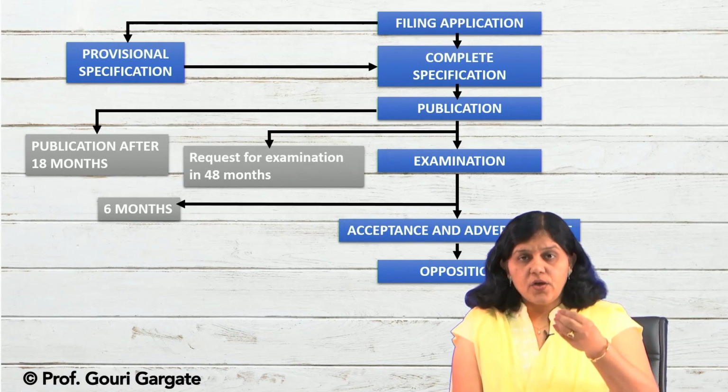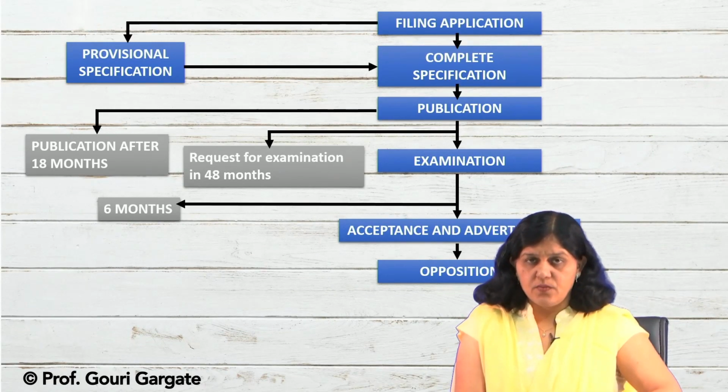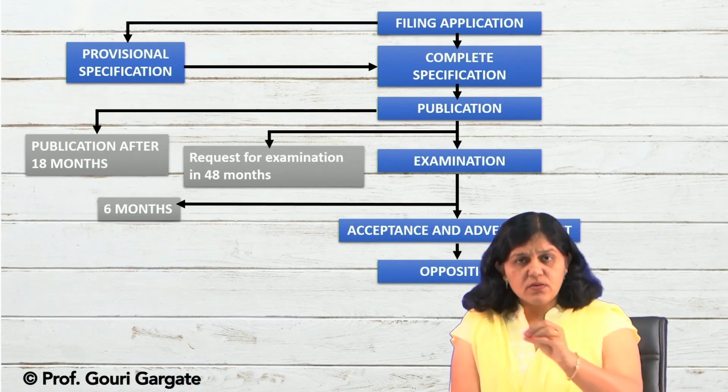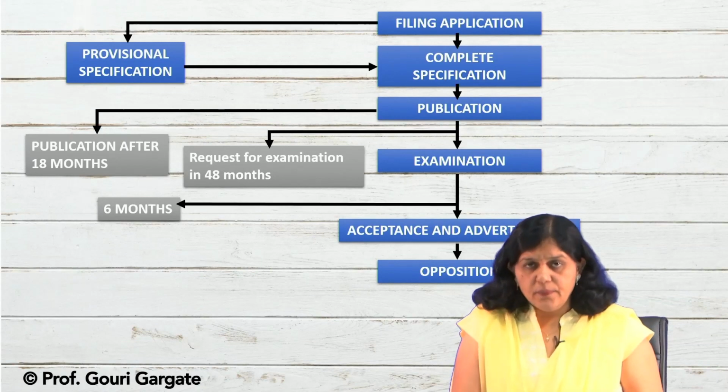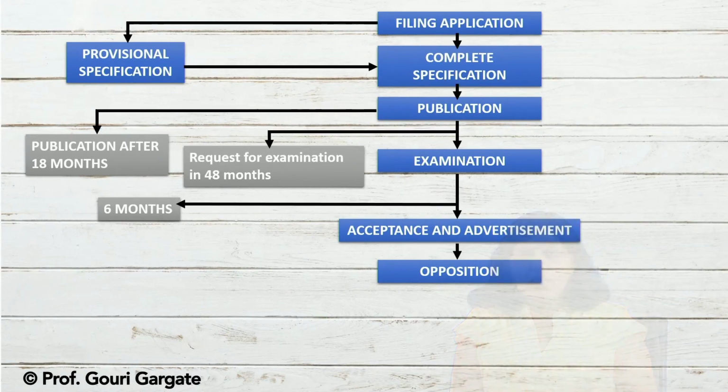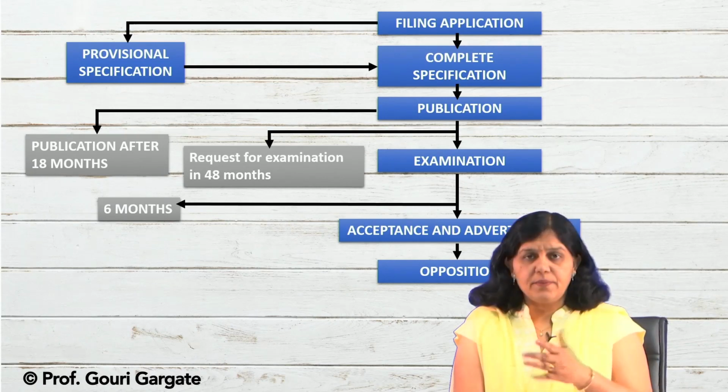And again, you have to give the reason, the ground, because there are specific grounds mentioned in the act. You have to select that, and based on that particular ground you are opposing the particular patent application.